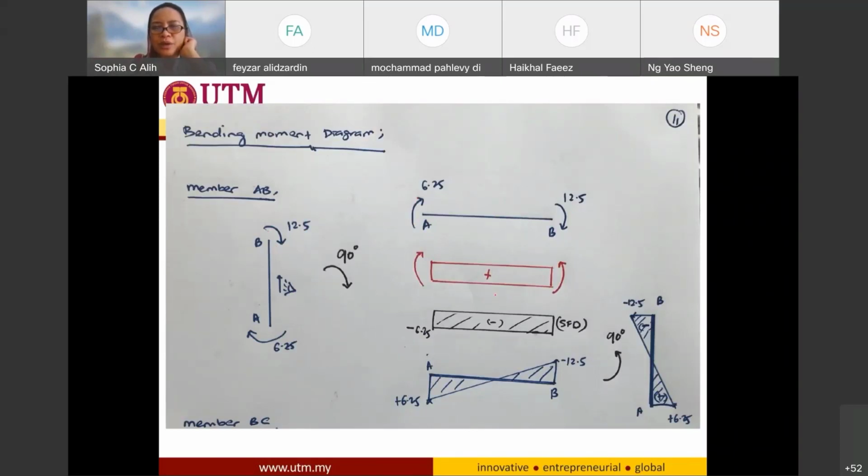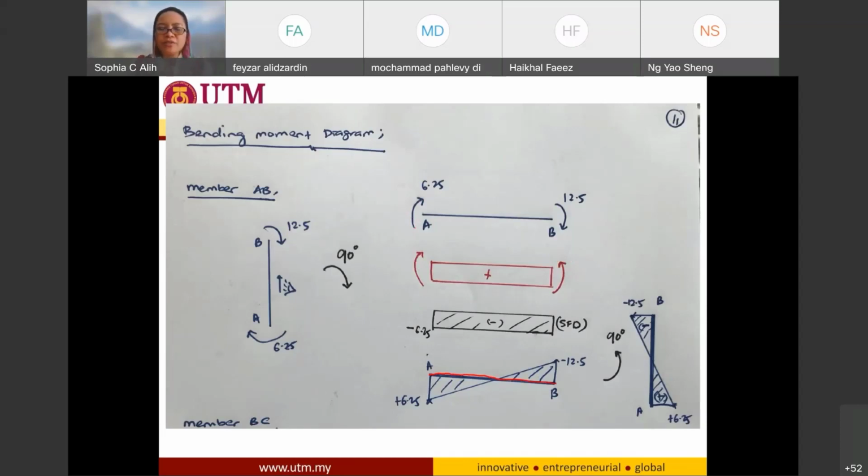And for the guidance of our bending moment diagram, if it is pointing upward like a smiley face over here, arrow up is going to be positive. So if I have my reference line over here, since the arrow is pointing upwards, it's going to be positive.